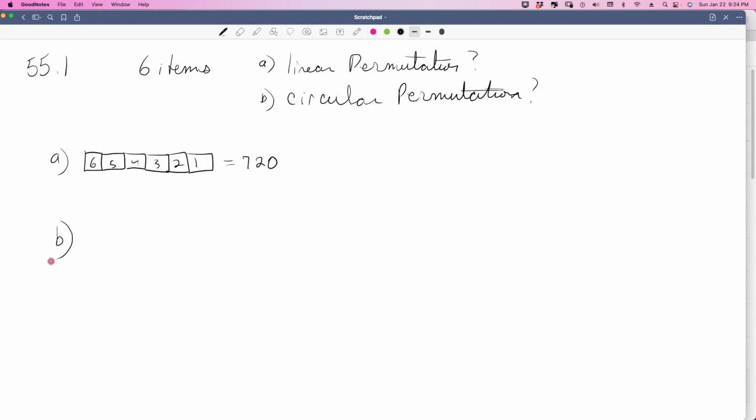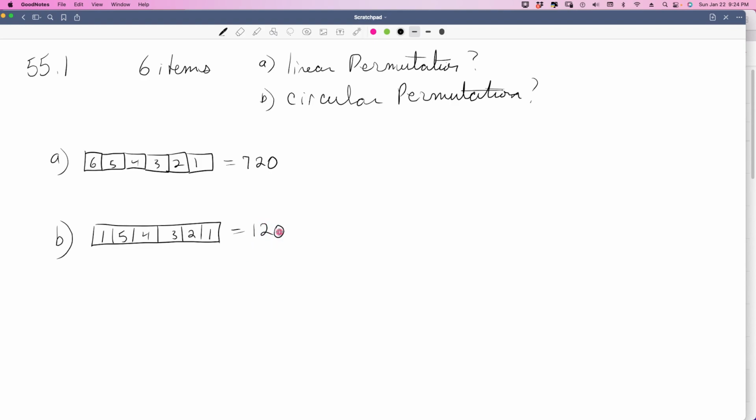For our circular permutation, let's do our 6 things here. So we would have 1, and then 5, 4, 3, 2, and 1. Because even if we do the exclamation point, it's just 1 after the 2, so it doesn't matter. 1 times 5 times 4, that's 20, times 3 is 60, times 2 is 120.